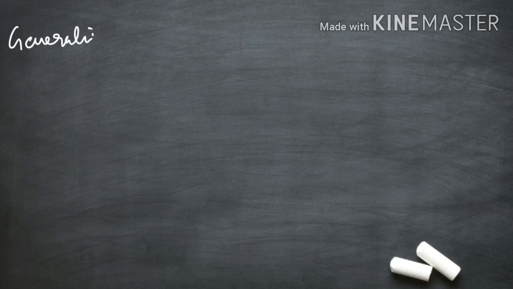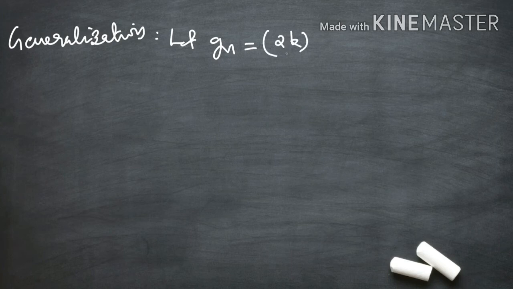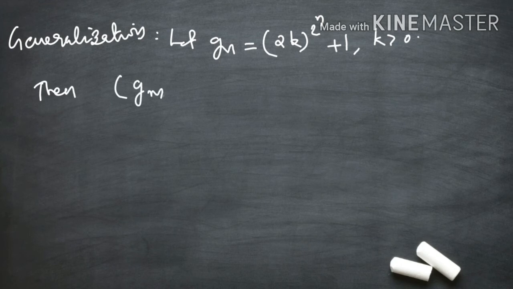Now there is one more generalization of Pólya's theorem, and it says that let Gn be equal to 2k raised to 2 raised to n plus 1, where k is greater than 0. Then the GCD of Gm, Gn is equal to 1, where m is not equal to n.